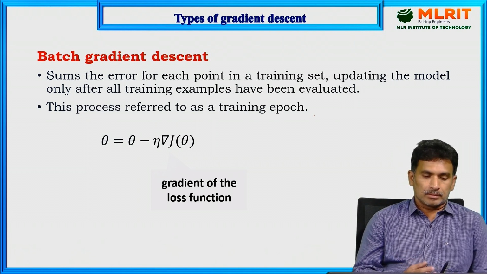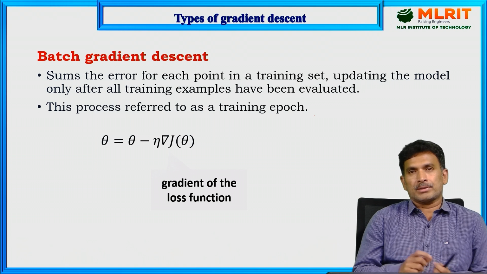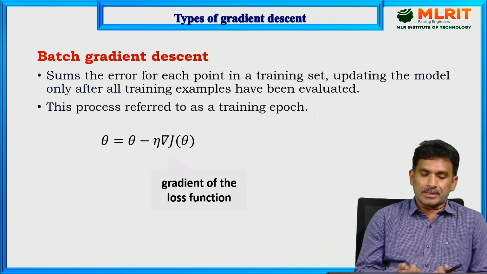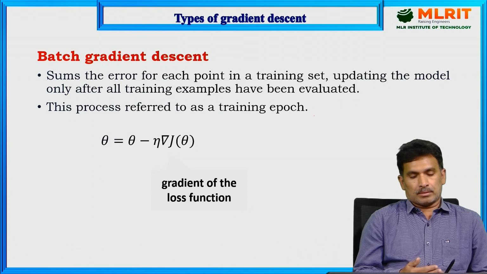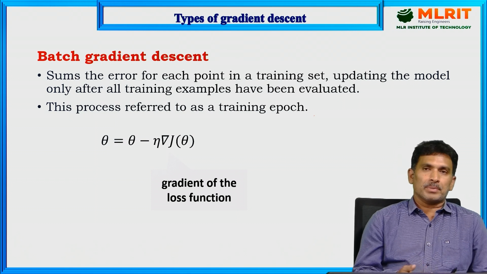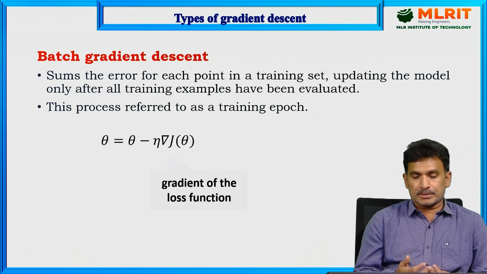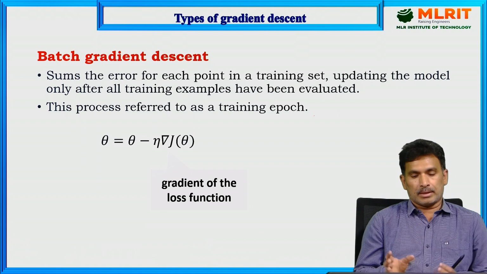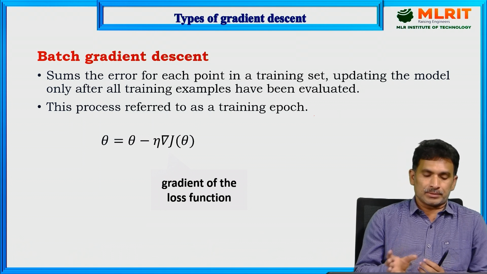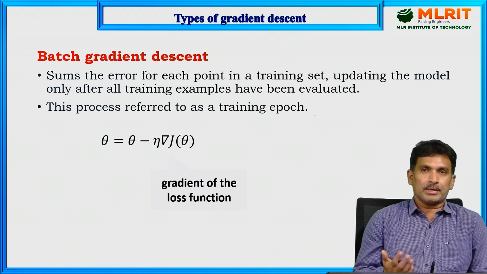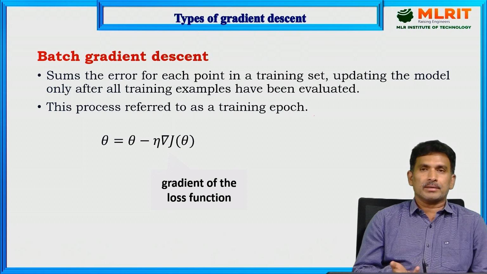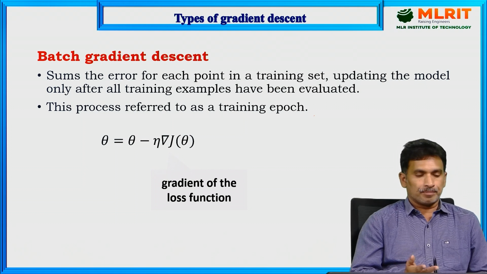Whether the gradient would be updated for each sample, or after exploring all the samples, or after a set of samples. Based on this, gradient descent is divided into mainly three categories: the batch gradient, stochastic gradient, and mini batch gradient.